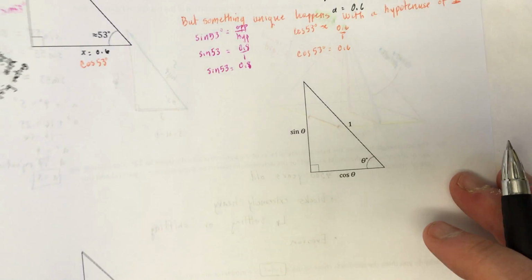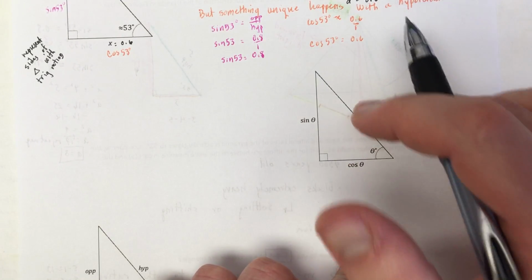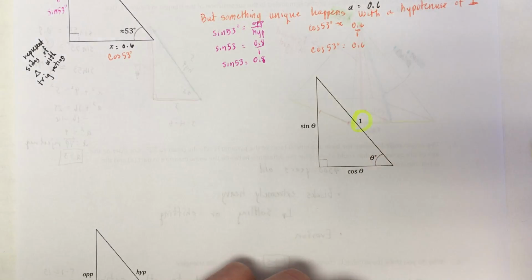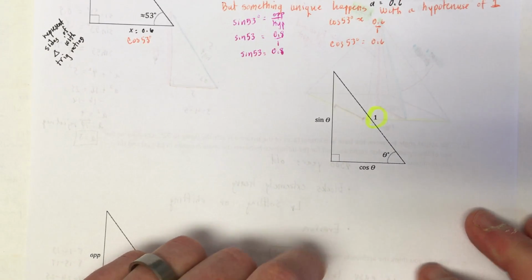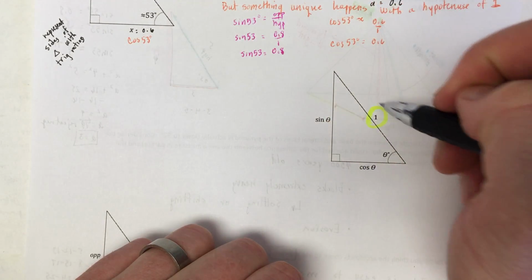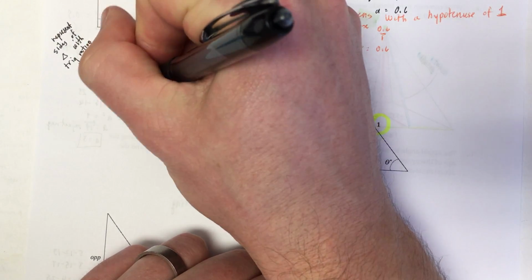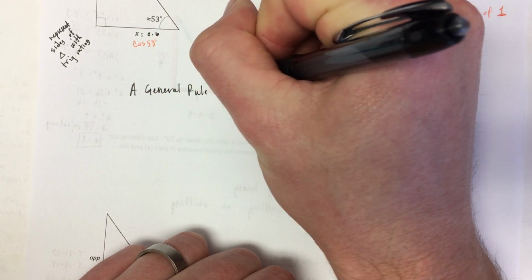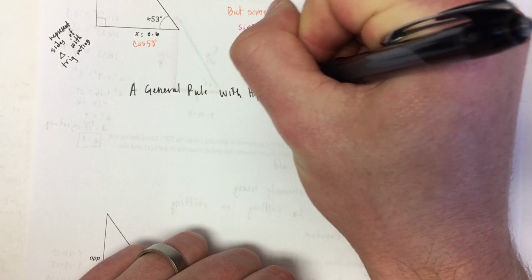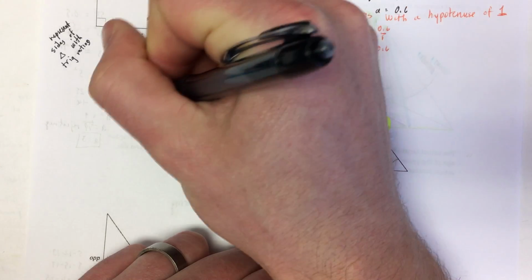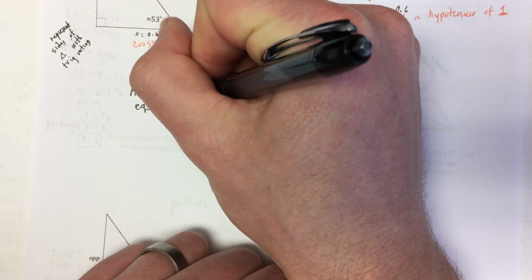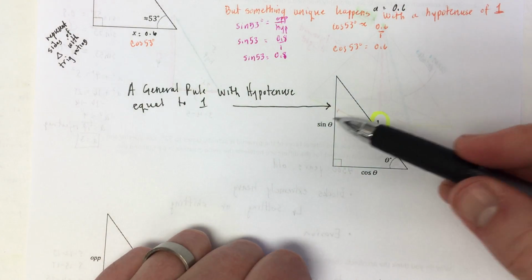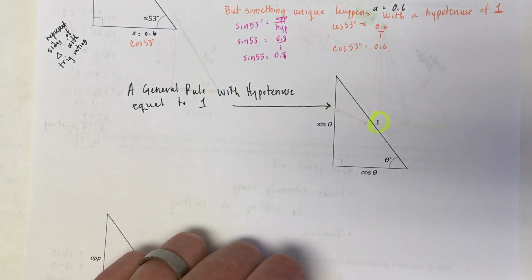And so that really brings us to the next part. And then we see this triangle. Now, again, it's super important that the hypotenuse is 1 to build up this development. But as a general rule, with the hypotenuse equal to 1, we get this triangle. So the side opposite the angle theta is sine theta.